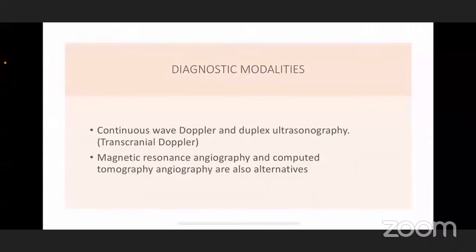However, we are not using them as much in practice because the Doppler and the ultrasonography are very sensitive, and you don't need to use the MRA or the CTA unless you have an inconclusive ultrasonography, then you can use them. Or if you need to plan your intervention, then you can use the MRA or the CTA. However, Doppler is the one to go to.